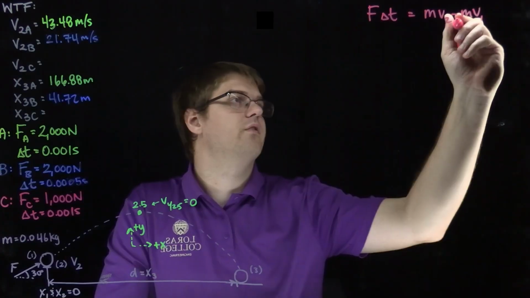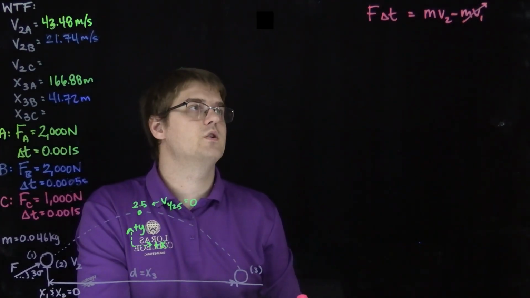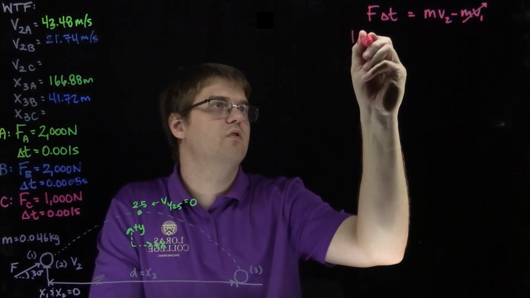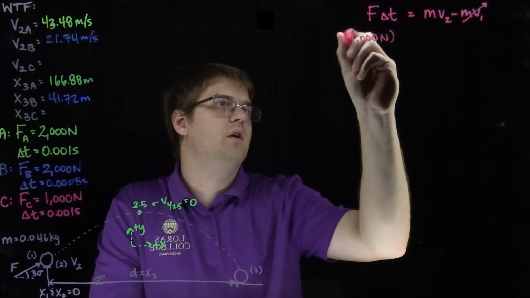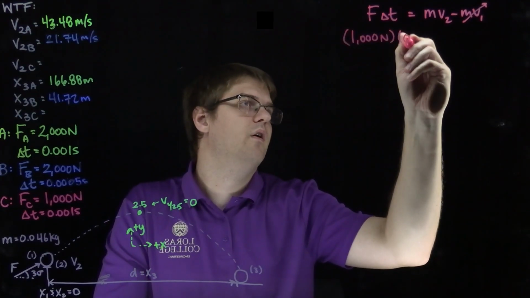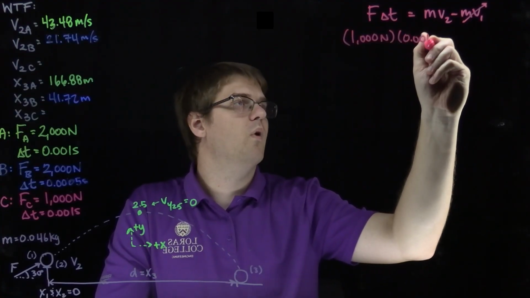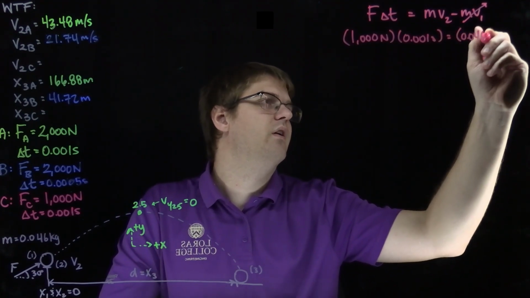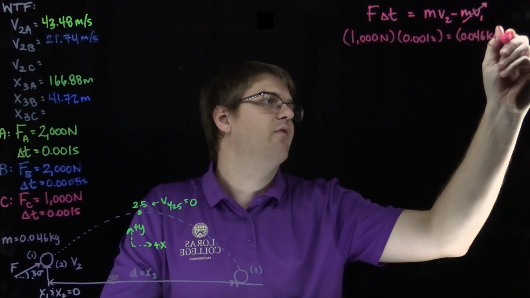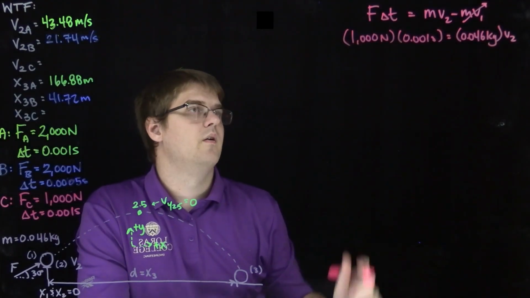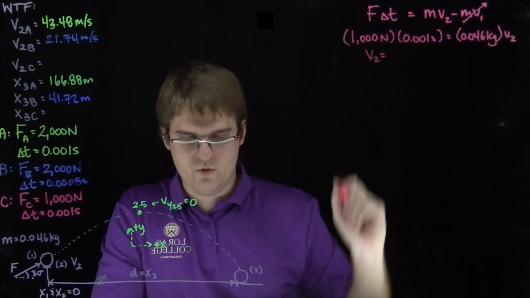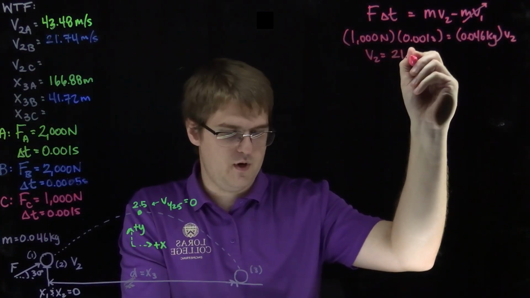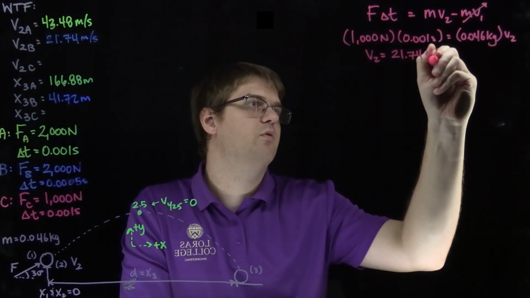My velocity at 1 is 0. My force is going to be, in this case, 1,000 newtons. My time is going to be 0.001 seconds. That is going to be 0.046 kilograms times my velocity at 2. If I solve for this, my velocity at 2 is going to be 21.74 meters per second.